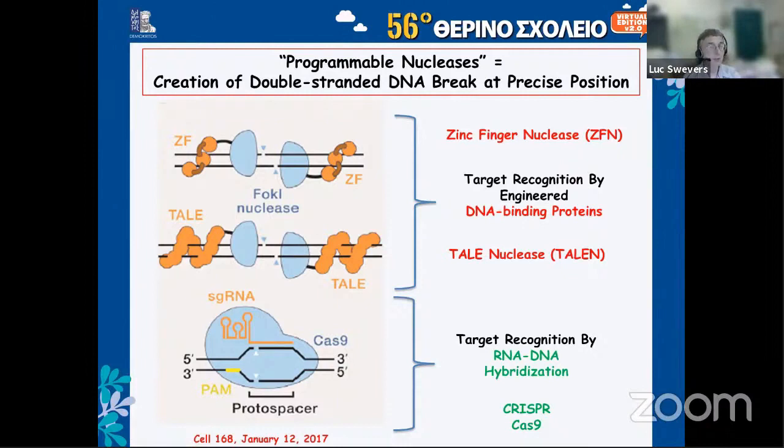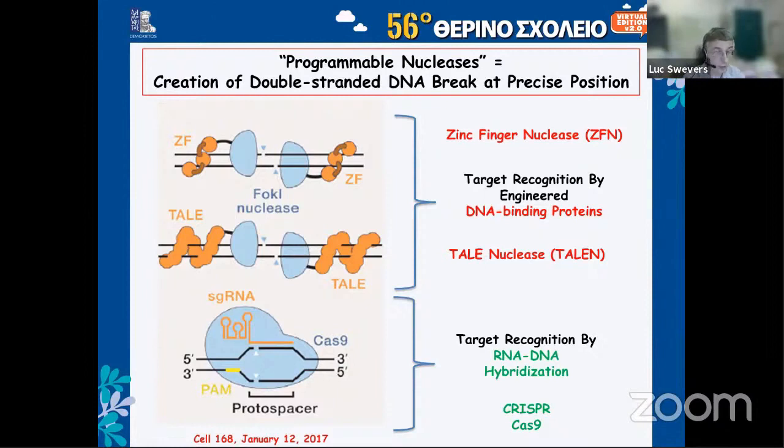But it was always very difficult to program these zinc finger nucleases to bind to certain regions of the genome. It required a lot of engineering at the level of the proteins, which was very difficult and required a lot of manpower and engineering.